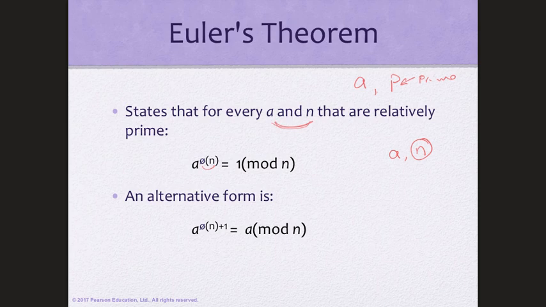Then a to the power phi of n is congruent to 1 mod n. And again, you can multiply both sides by a, so it ends up being a to the power of phi n plus 1 is congruent to a mod n. Okay?